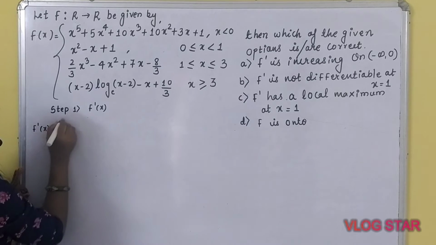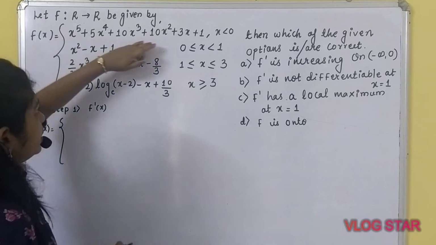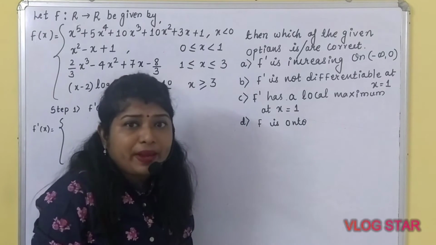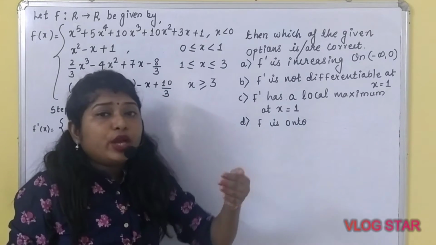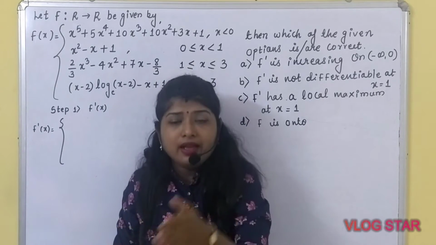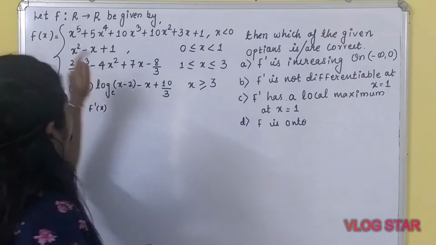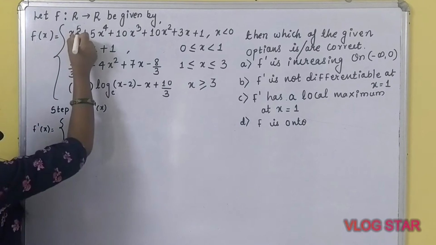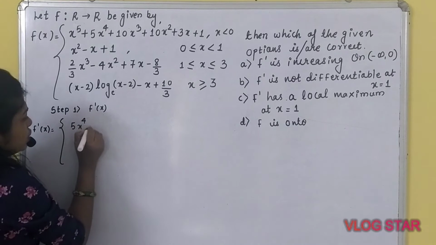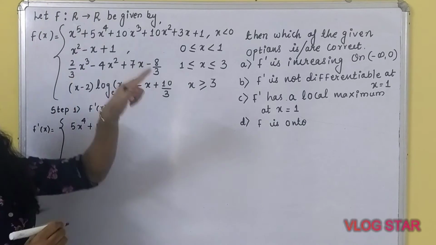As you know, you need to take the derivative of the given function. If you are going to take the derivative of this particular function, which formula do you need to apply? How do you find the derivative of x raised to n? It is given by the formula n into x raised to n minus 1. So you need to identify what n is. In this case n is 5. So you can easily write 5 into x raised to 4 plus 5 as it is into 4 into x cube.